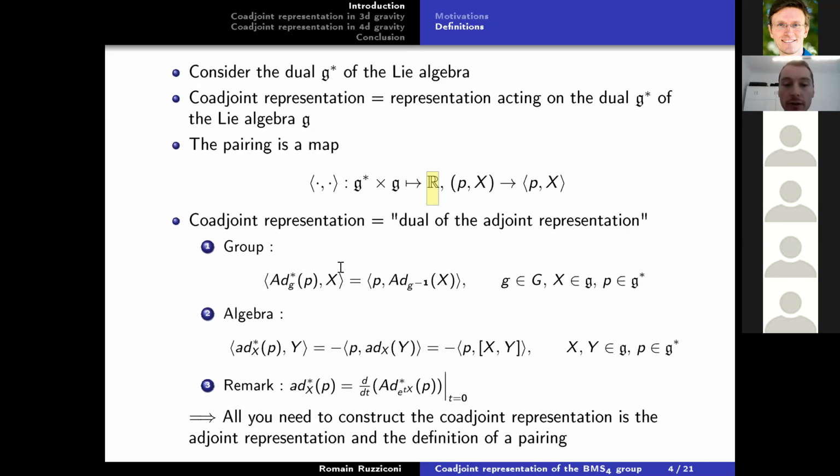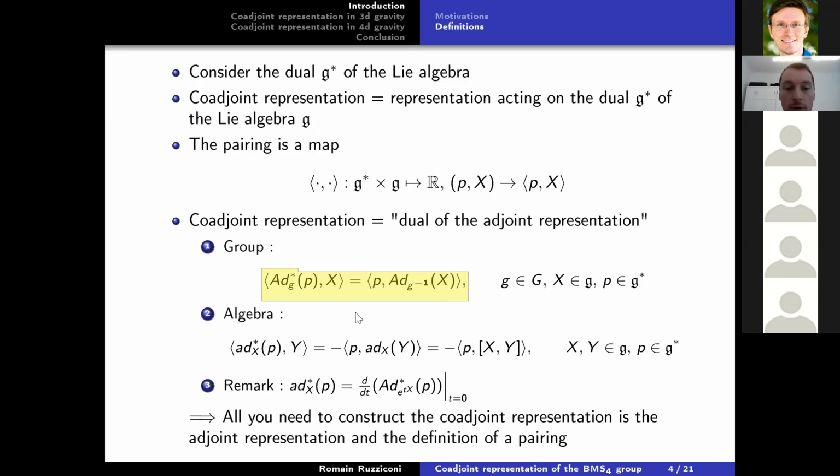So it will be defined in the following sense. Here, you have your coadjoint representation of the group, which acts on element P in the dual of the Lie algebra. And so it's defined as the dual of the adjoint representation of the group through this pairing map in the following way. So this defines univocally the coadjoint representation of the group.